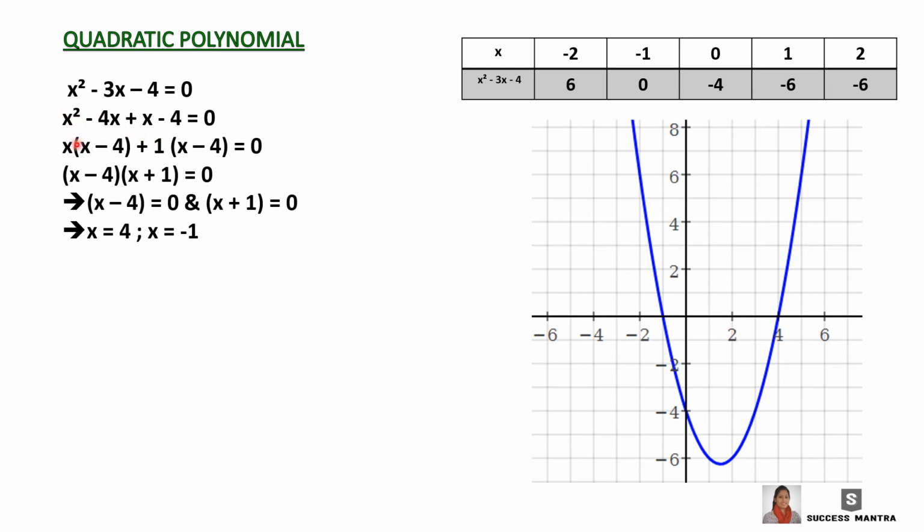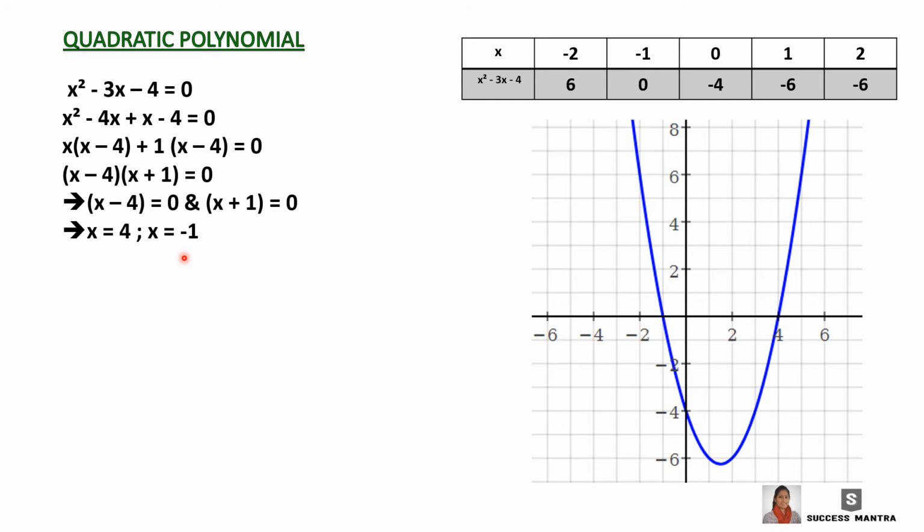From the first two terms we take x as common, so we get x into x minus 4, and from the remaining terms we take 1 as common, we get 1 into x minus 4. We get x minus 4 into x plus 1 is equal to 0. That implies x is equal to 4 and x is equal to minus 1. So 4 and minus 1 are the zeros of this quadratic polynomial.